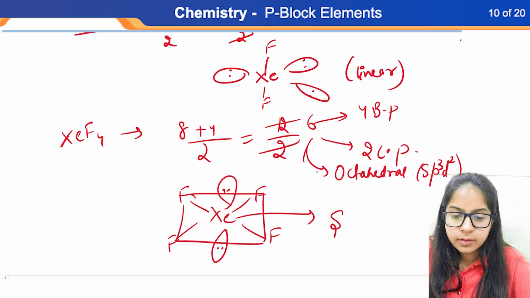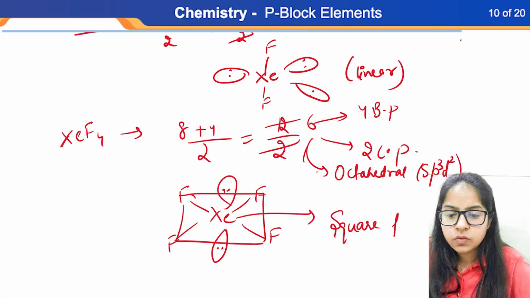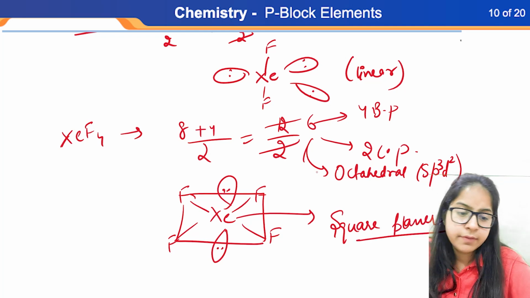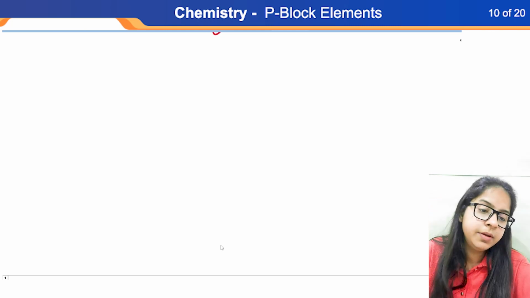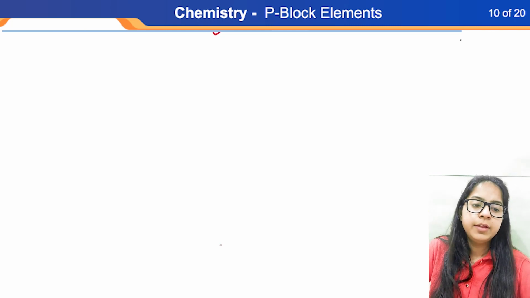So the shape is square planar. There is a difference between shape and geometry. Geometry contains both the lone pairs and the bond pairs, but the shape is only of the bond pairs.